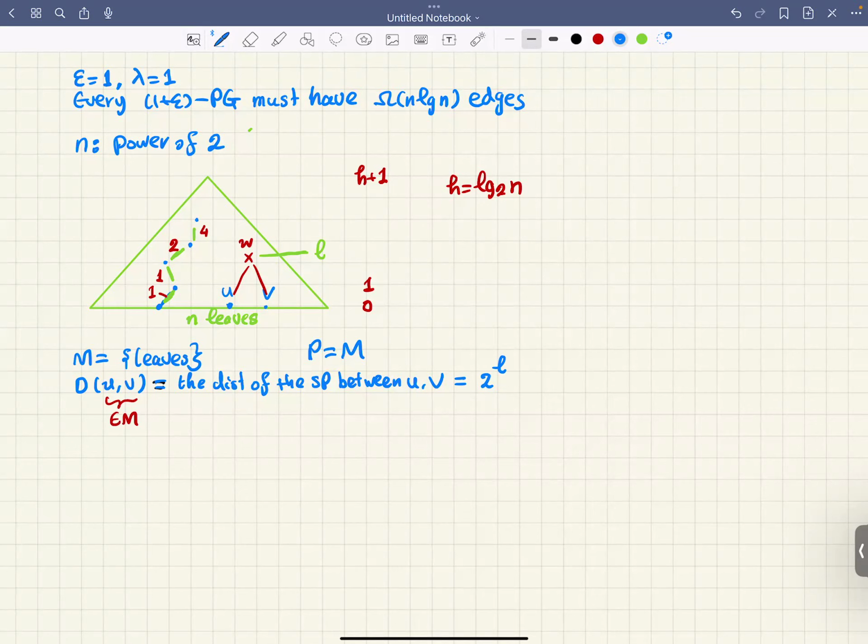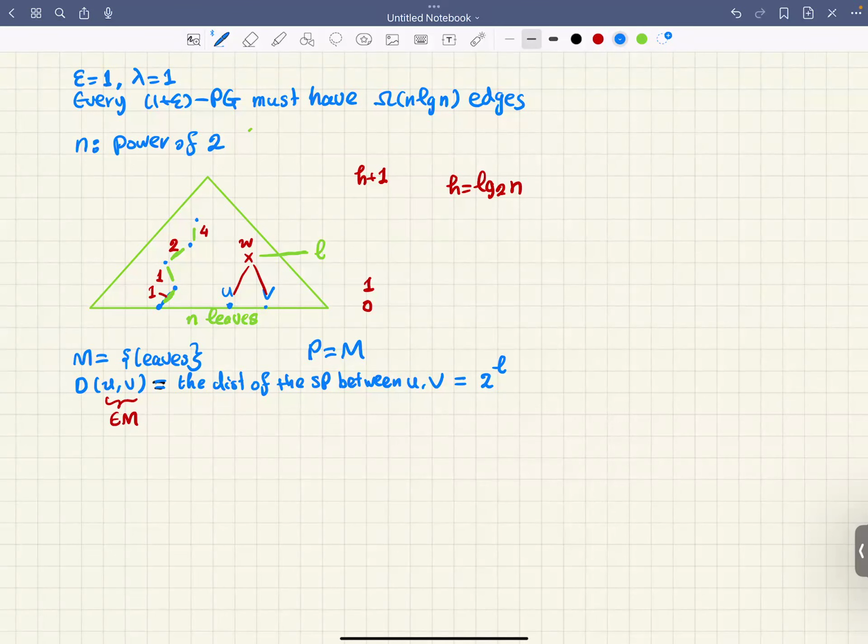I don't have another handy property that I can utilize. 2 PG basically says you always have to return an approximate nearest neighbor, but that's not good enough. However, in the first lecture, I proved something called 1 plus epsilon, which is 2, 2 navigability.